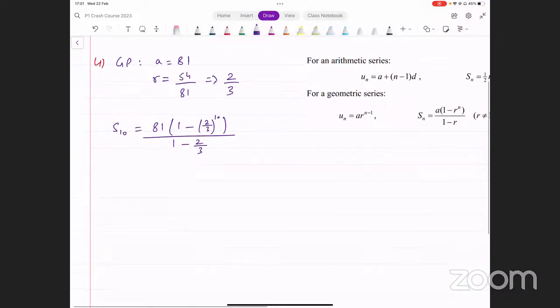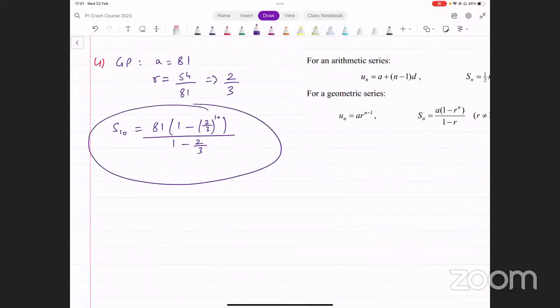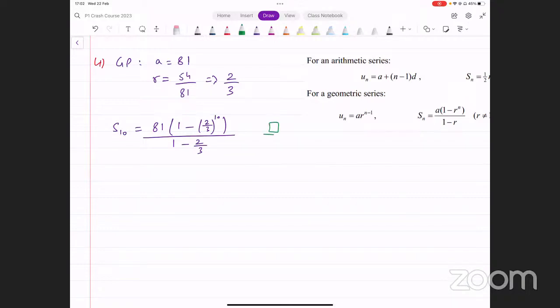All right, now you could either put this whole thing in your calculator like this, or you could do it step by step by first evaluating the numerator and then the denominator. That's your choice. So you could either evaluate them one by one or directly. How would you put these values in your calculator directly? Make sure that you're using the fraction button.